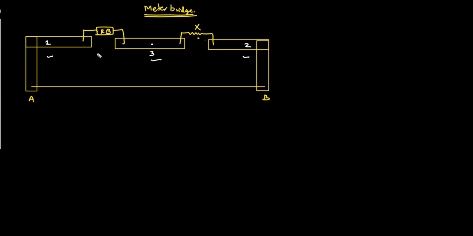There are 2 gaps. In the first gap, a resistance box is there, and in the second gap, an unknown resistance is connected. Now, between the points A and B, a wire is connected having length 100 centimeter or 1 meter. This wire is specifically made up of either manganese or constantan.